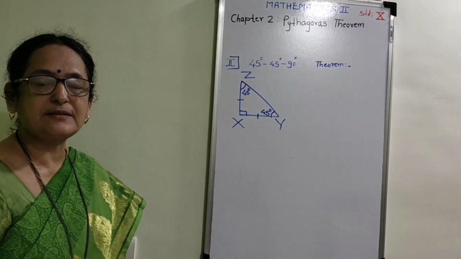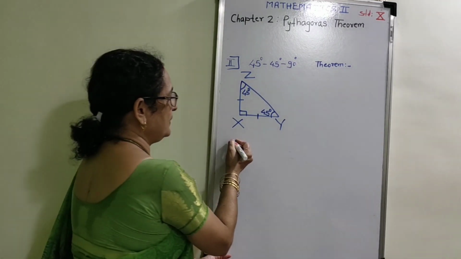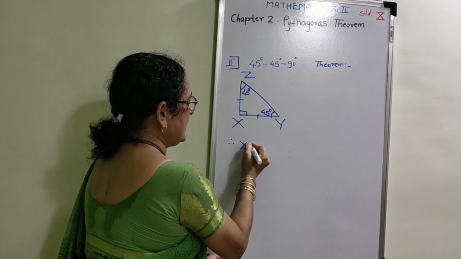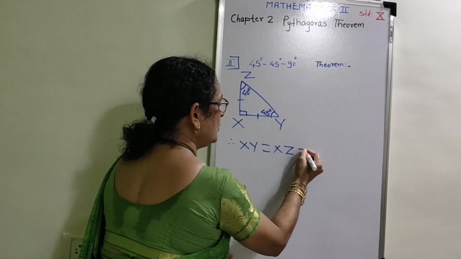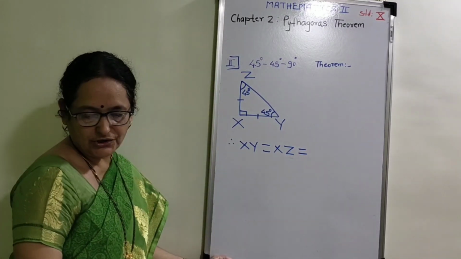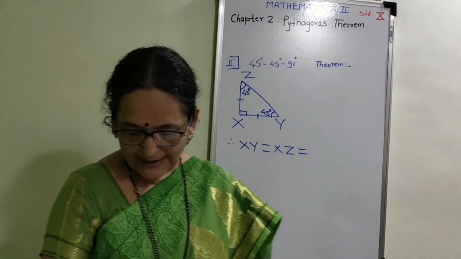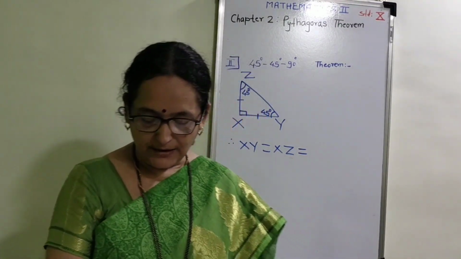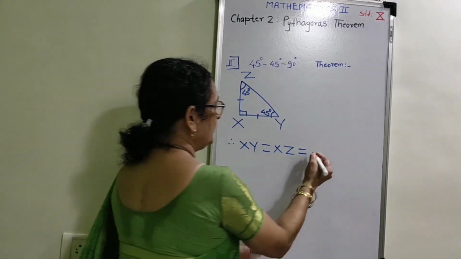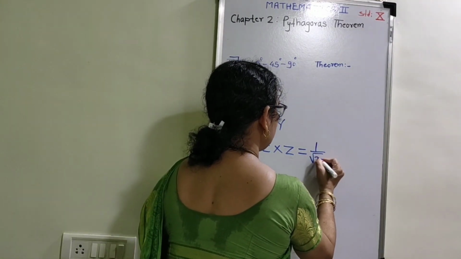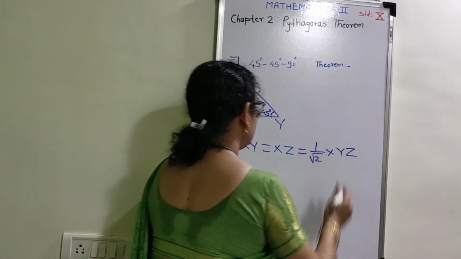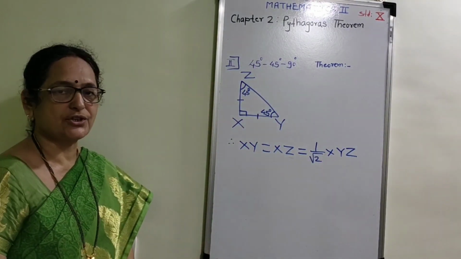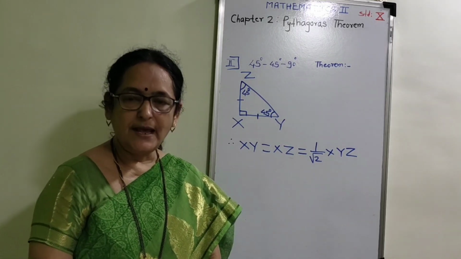This is our first conclusion, and therefore we can write that length XY is equal to XZ. Now what is the relationship between these two lengths and the hypotenuse? Now it is 1 upon root 2 times the hypotenuse, that is YZ. Now this application is also very important.